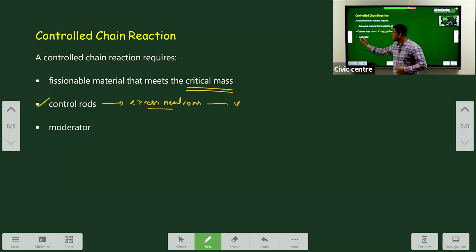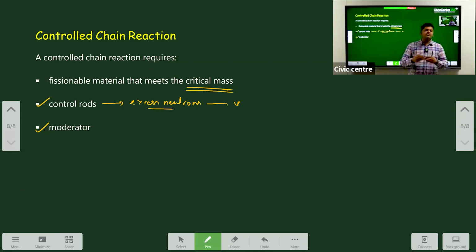And lastly, we need the moderator. Now, what is the purpose of the moderator? For this reaction to happen in a chain, the neutrons which are coming out should be absorbed again at the right speed. But the neutrons which come after the first fission reaction are either too fast or too slow.